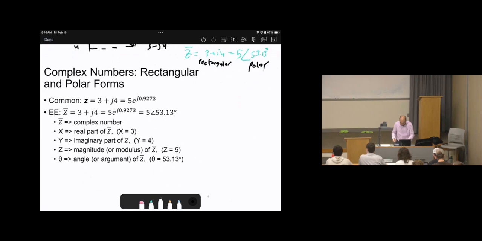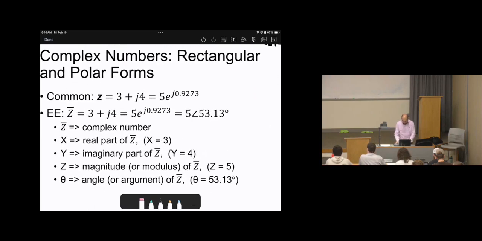Most math books write the complex number as a bold Z. While in electrical engineering, or in handwriting, it's hard to make it bold. So in electrical engineering, we use Z bar. We put a bar above the complex quantities, then we can know whether a quantity is complex by looking at the bar.